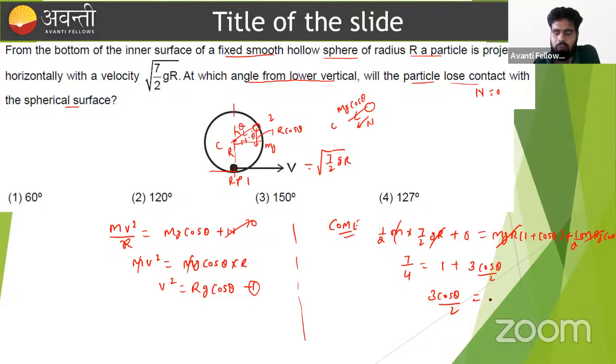What is this value equal to? That is 3 by 4. So cos theta equals 1 by 2, so theta equals 60 degrees, but this is not our answer. The angle is asked from the lower vertical, so our answer is pi minus theta or 180 minus theta. We can say our correct answer is 120 degrees. I hope this is clear.